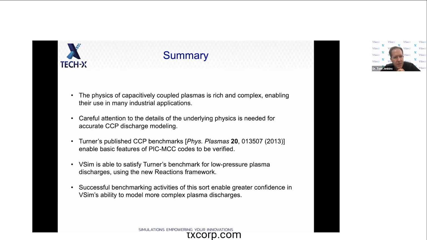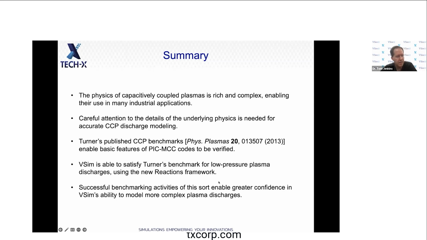The benchmarks published by Turner in 2013 are a good starting point for verifying that your code is able to do that detailed physics modeling, and we have confidence and have shown that VSim is able to satisfy benchmarks that Turner provided that use our new reactions framework.